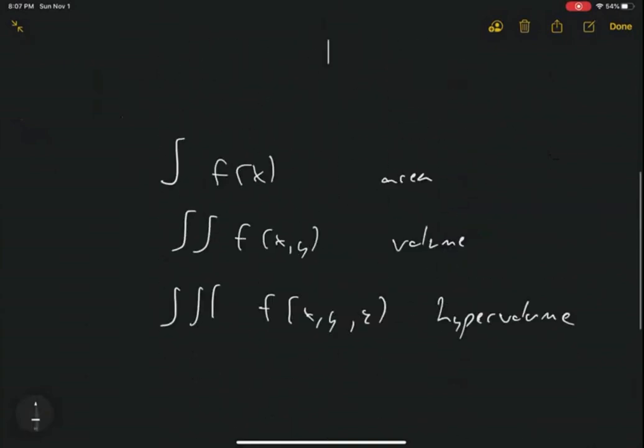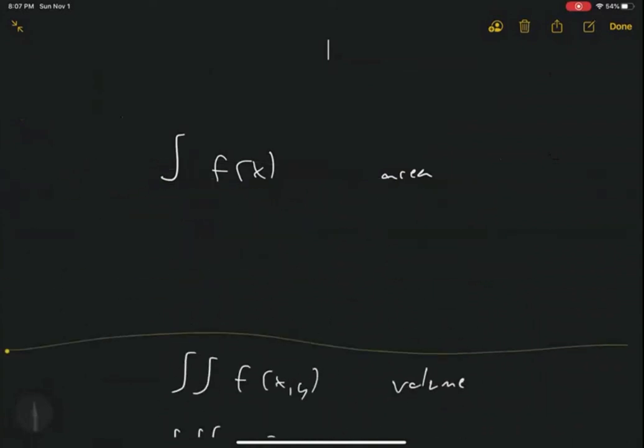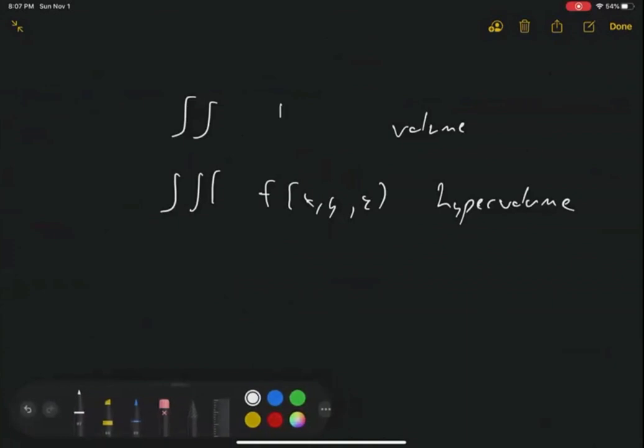Well, how can we do that? If the function we're integrating is just the number 1, it'll give us the volume beneath the curve. But what is the curve?